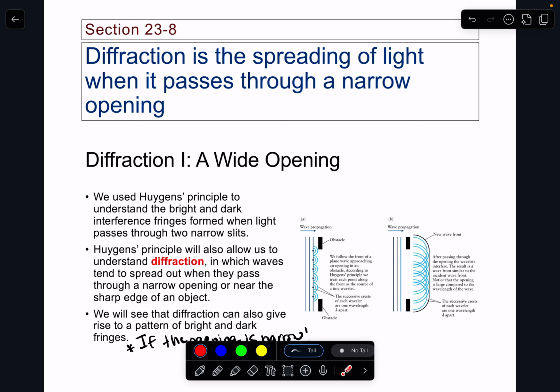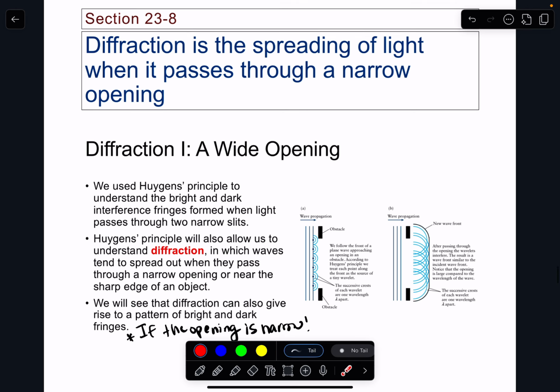And what you see is that for a wide opening, if you were to put a screen here, you would get a beam of light that matches the same width as the opening, right? So these are the planar wave fronts, okay, going through this opening.